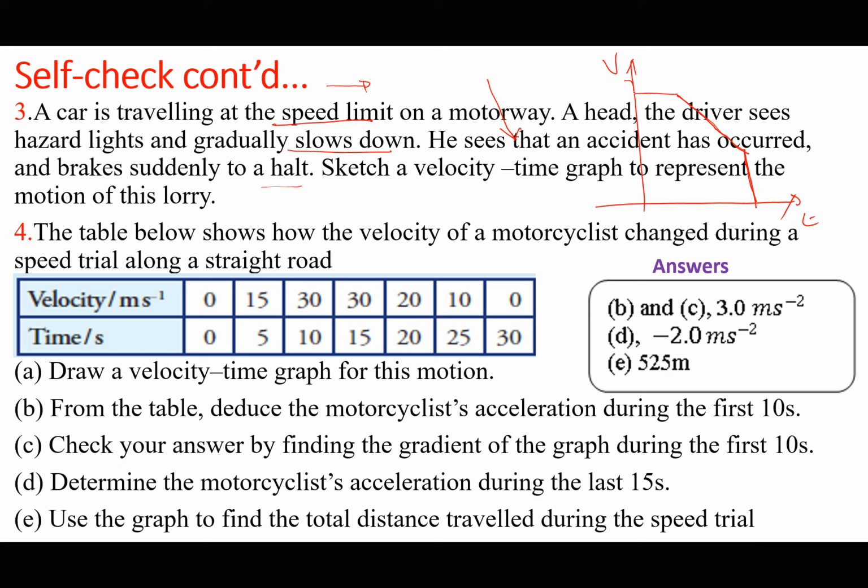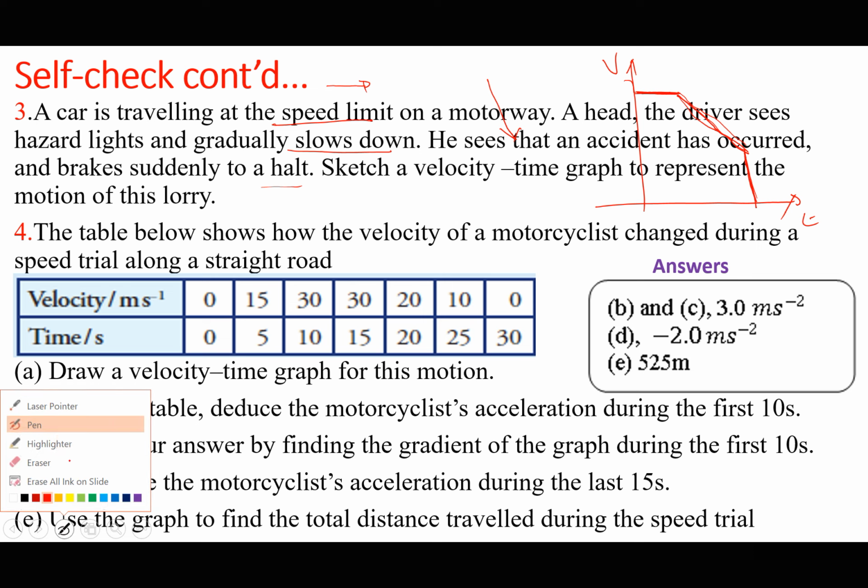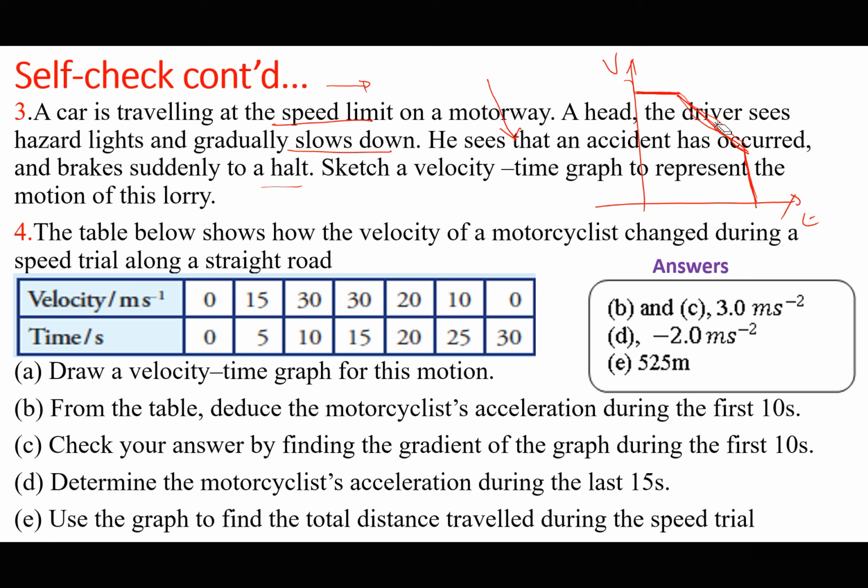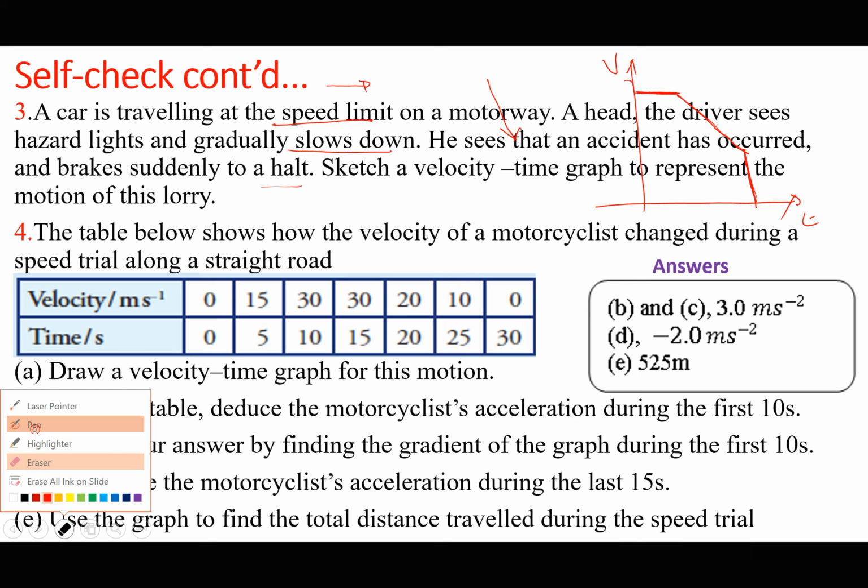It is traveling at the speed limit, that is at a constant speed, then slows down, speed decreases, and then rapidly stops. It's almost vertical because it rapidly stops. So the graph should somehow look like this. You can draw a better graph.